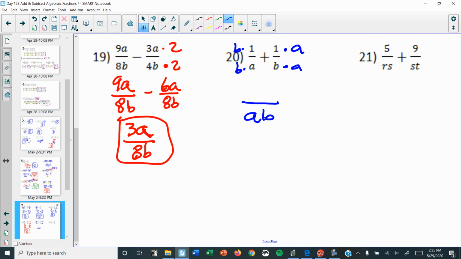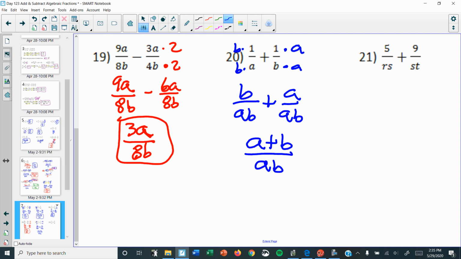Just saying. So B times 1, you know what? I'm skipping steps. I'm sure you can all see it. So you get B over AB plus A over AB. Again, keep them facing the same way. Don't write one AB and the other one BA, because then that will just confuse you. So personally, I'm going to put it in alphabetical order. So when I add it, my answer is A plus B over AB. If you wrote B plus A, that's fine too.